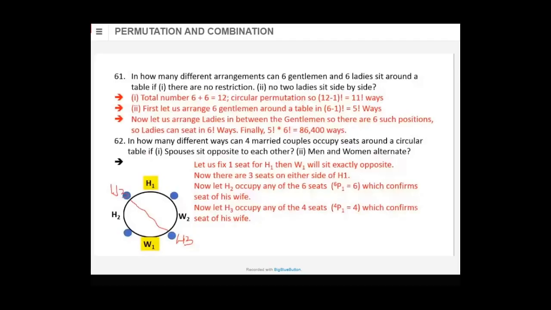Now how many seats are left now? 2 seats are left. H4 will occupy one of the 2 seats. So 2P1, which is 2, which confirms the seat of his wife. And finally, 6 multiplied by 4 multiplied by 2, which is 48 ways.